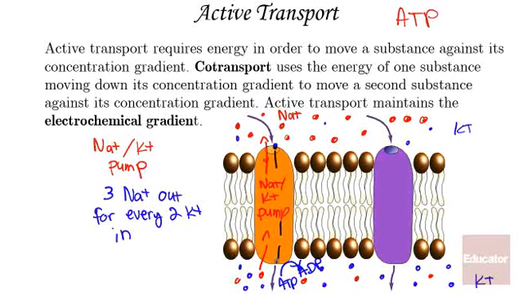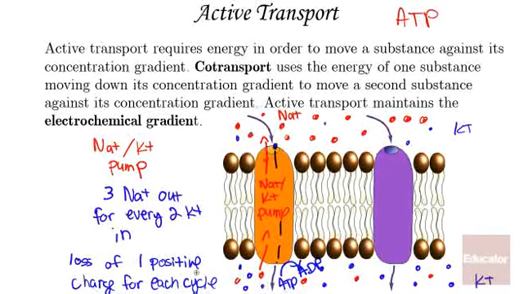There's another consequence of this. So if 3 sodium are being pumped out for every 2 that are being pumped in, there's a net loss. This means that there is a loss of 1 positive charge for each cycle.